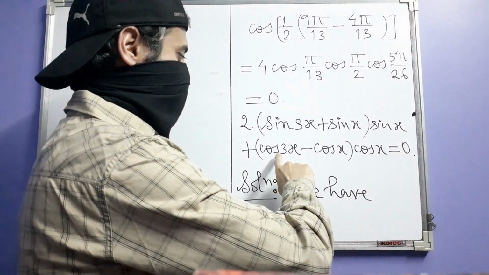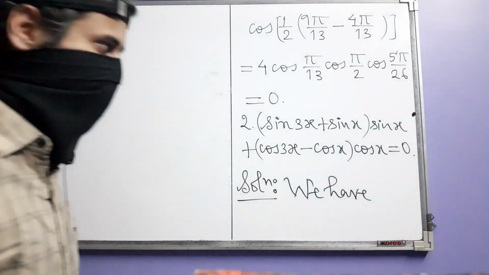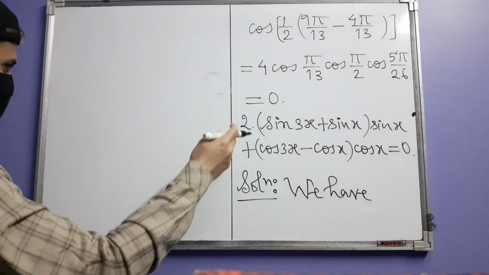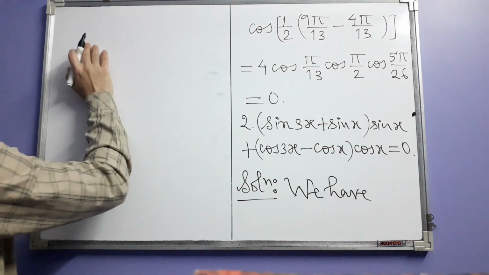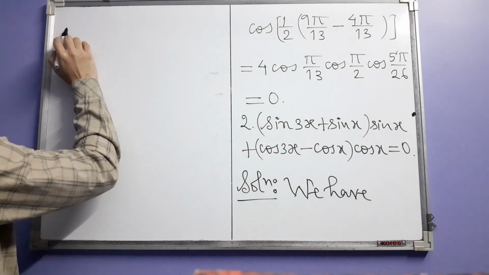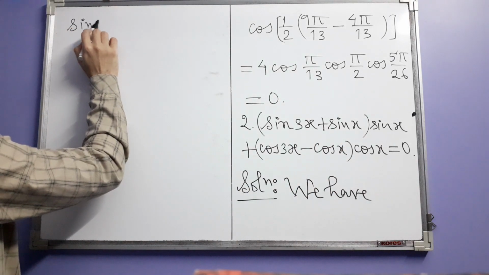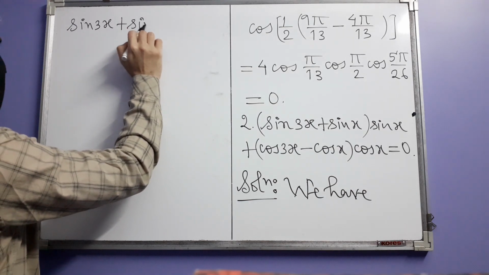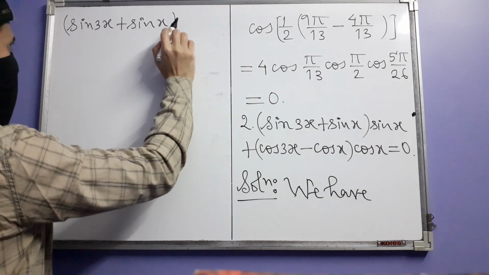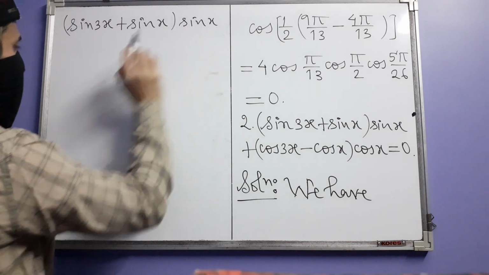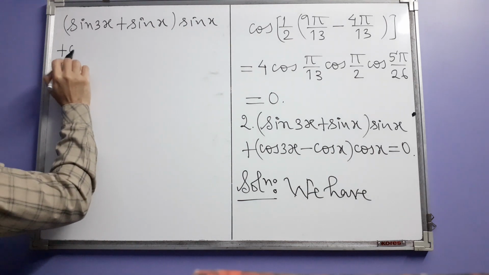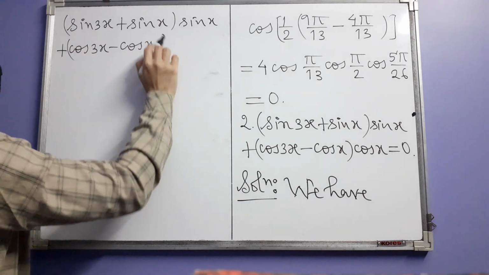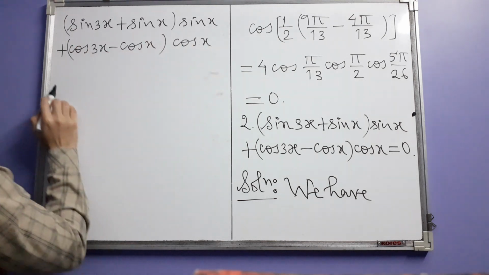Let me first multiply this and this, that is cos 3x cos x, and write that first. But of course we have to start the problem with this one only. Sin 3x plus sin x times sin x plus cos 3x minus cos x times cos x.